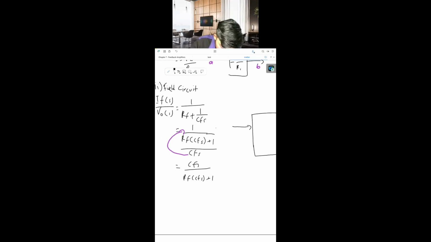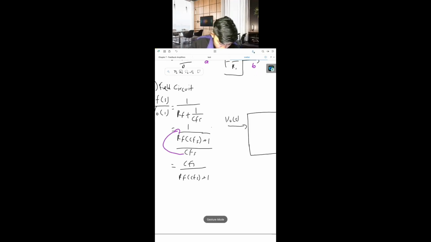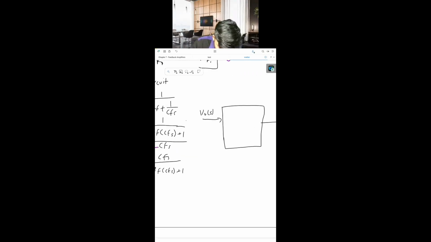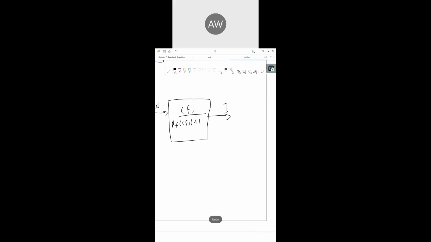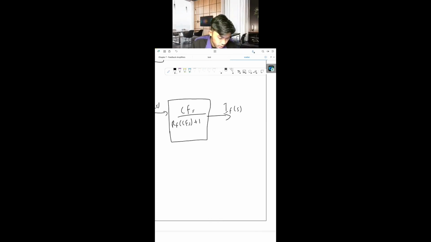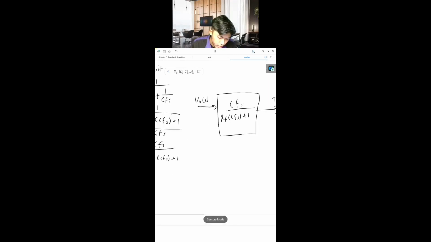Cut at V out S, rectangle transfer function, CFS over RF CFS plus 1, dot which is IF S. So now we have to label it.